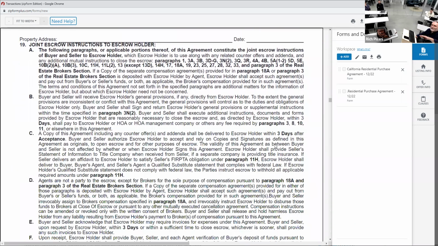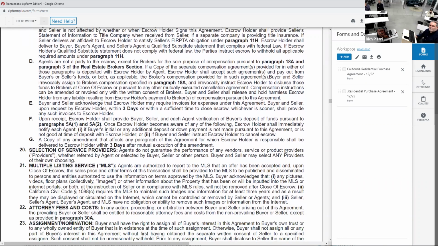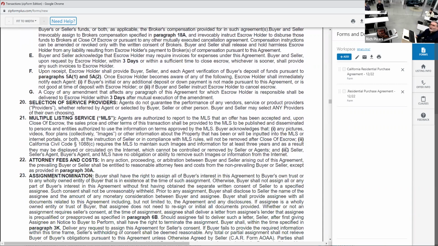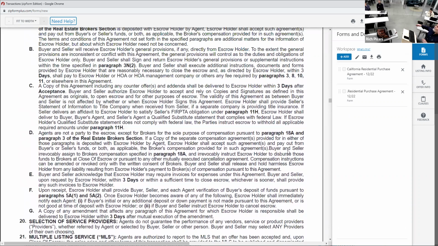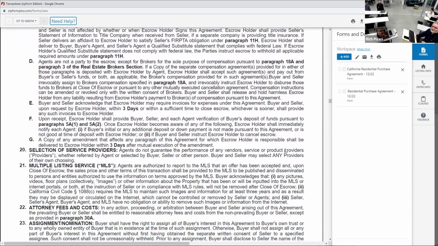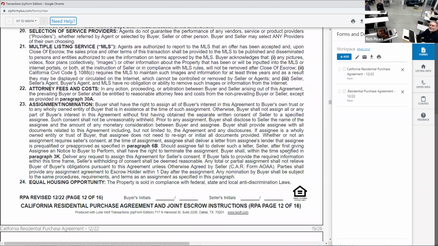Escrow instructions: it basically says that the escrow holder is going to take this document and make it into escrow instructions. And remember, acceptance is after everybody has signed. If we're still waiting for one seller to sign, it hasn't been accepted. This talks about MLS, assignment and nomination.